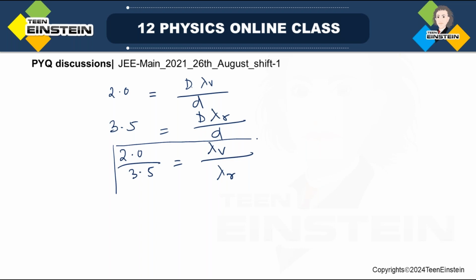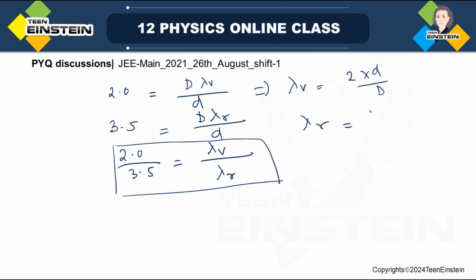So it is better to just find lambda_v from here: 2 into small d divided by capital D, and lambda_r is 3.5 into small d divided by capital D. Violet will always have the smaller wavelength.